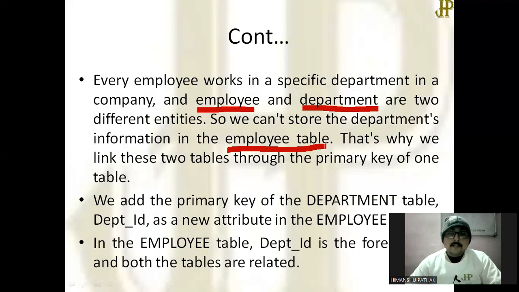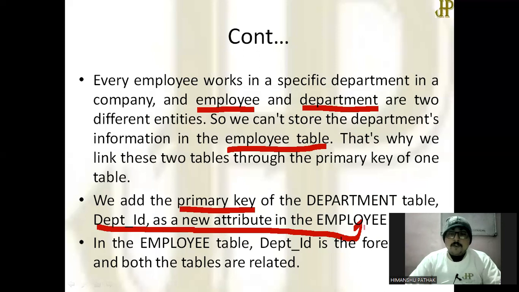So there is a need to link the two tables. So how? We add the primary key of the department table, that is department ID, as a new attribute in the employee table. That's it.